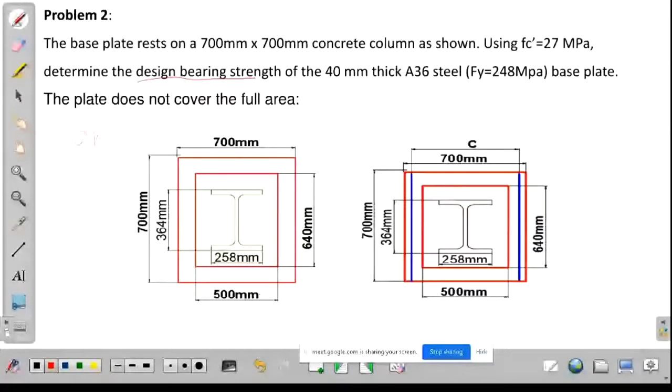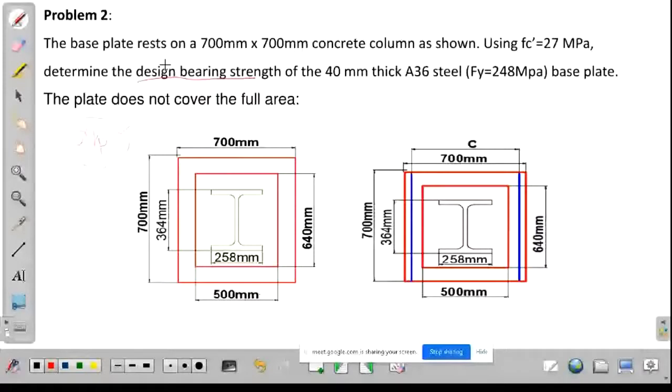Ayan, yan yung ating design bearing strength. So, dapat yung design bearing strength natin is okay doon sa both limit natin, that is yung sa ating support and then yung sa ating bending.